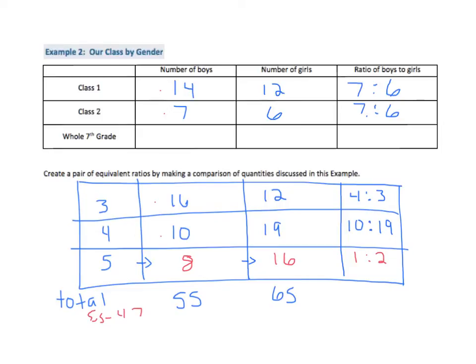So what does that mean for the overall grade 7? There were 55 boys and 65 girls, so we could write that ratio, 55 to 65, and then when we reduce, we come up with the ratio of, because 5 goes into both of them, 11 to 13.